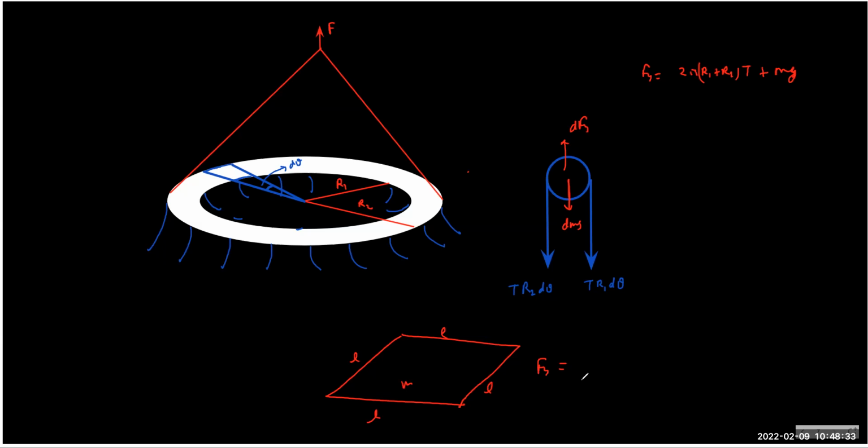However thin the wire may be, it will have a cross-sectional area, right? So the liquid will touch on two sides, the inner side and the outer side. So how much Fy do we need? Tell me, guys.